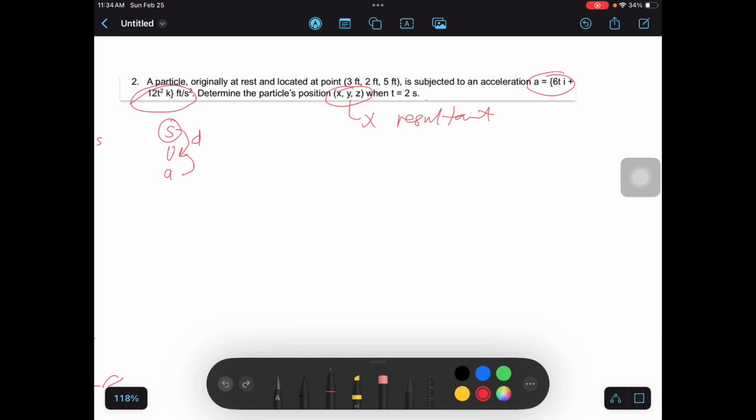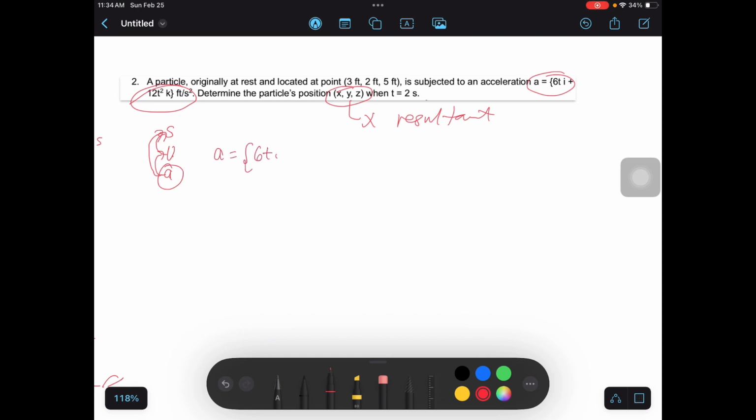But sa problem, ang given ay baliktad, we have the acceleration, so kailangan natin si displacement. So from that, kailangan mo ng integral para from acceleration to velocity ka, then i-integrate mo ulit para from velocity displacement ka.